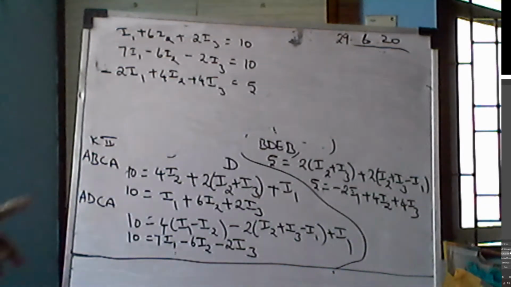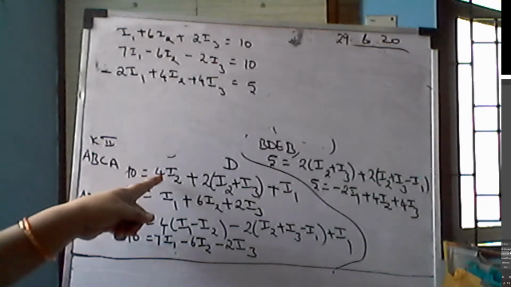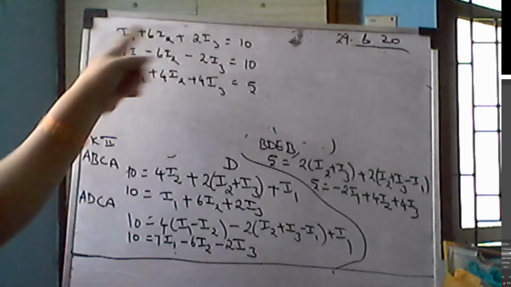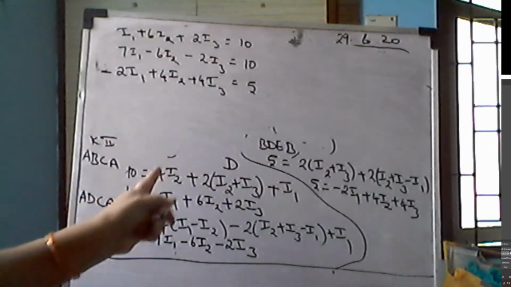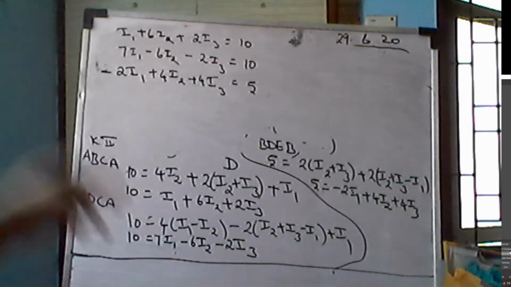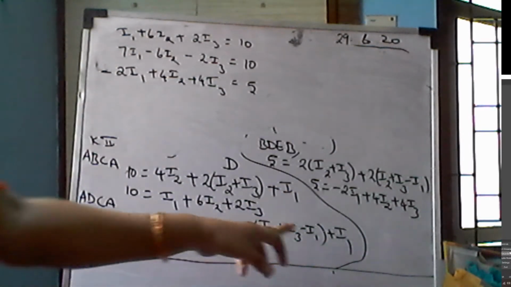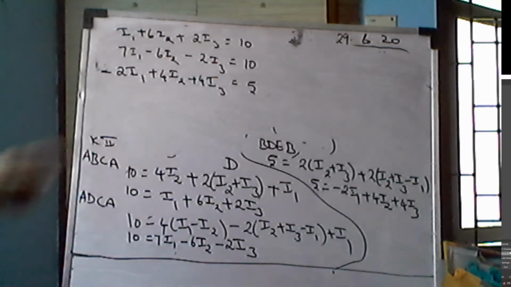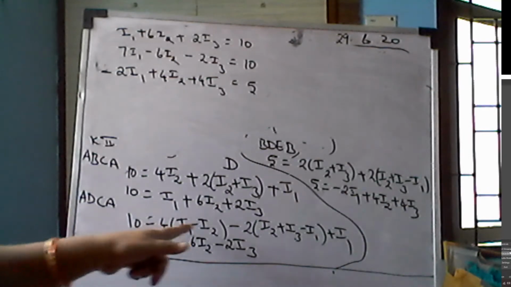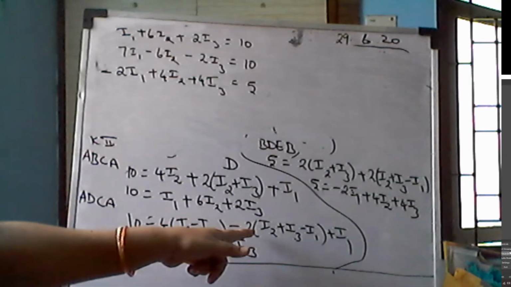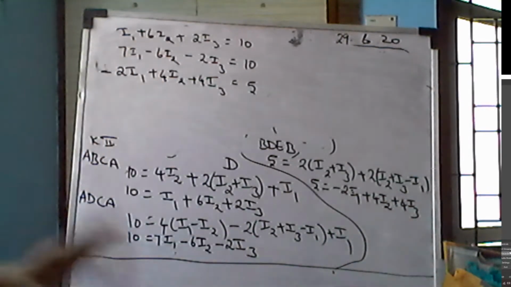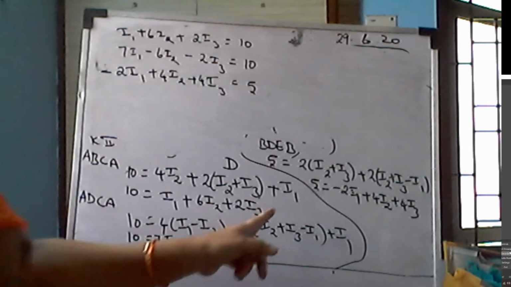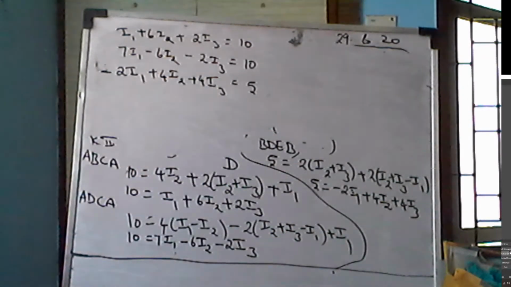Can we solve it now? I repeat. This is 4I2 plus 2, 6, so 6I2, then I1 as it is and 2I3. And here minus into minus is plus, so plus 6 plus 1, so it is 7I1, and then minus 4 minus 2, so minus 6I2, correct. And then I3 is minus 2I3, correct.